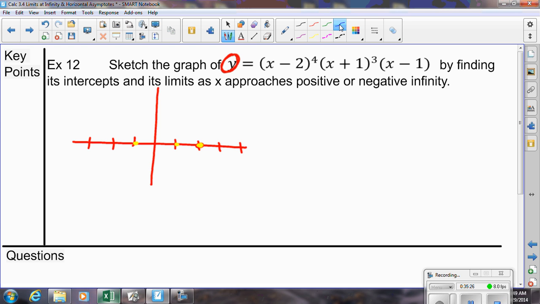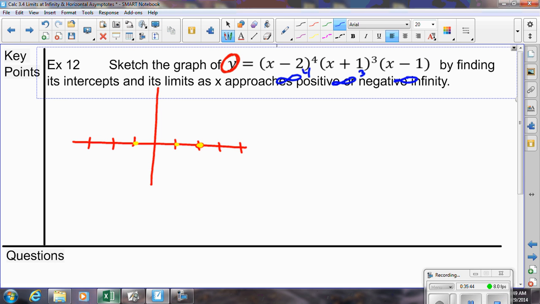If x approaches infinity, we have infinity minus 2 to the 4th, infinity plus 1, infinity. So what does this thing go to? That will approach infinity as x approaches infinity, which tells us that somehow we need to wind up all the way up here, so chances are pretty good it's going to have to come down like that. But do we know if we go across, do we come back up?